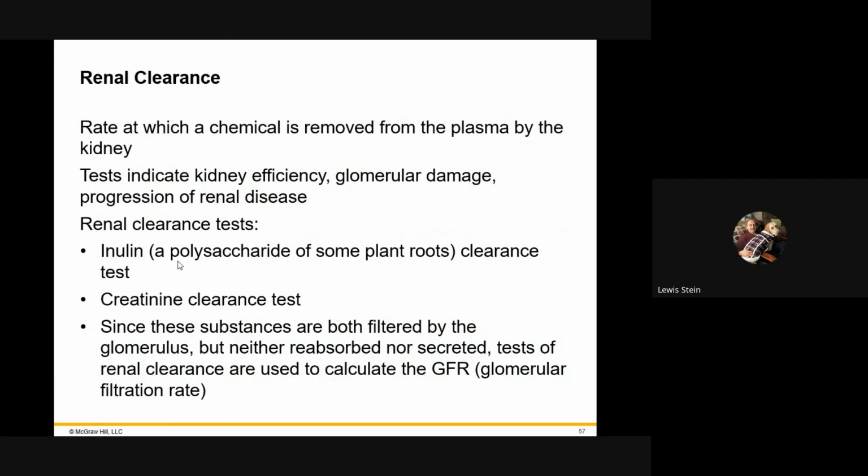We don't absorb it and we don't secrete it per se. So effectively, we don't process this whatsoever. This plant saccharide will cause us no problems. Whatever we take in, we get rid of. So we give a person a test load of this, and we collect their urine for 24 hours. Theoretically, it should all be going back out. If it does so, we can estimate accurately what their glomerular filtration rate is.